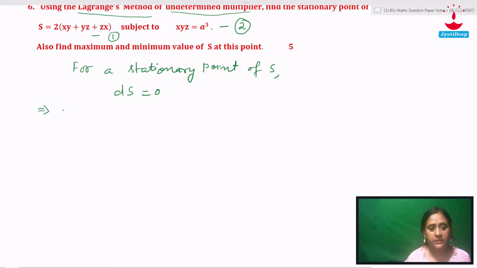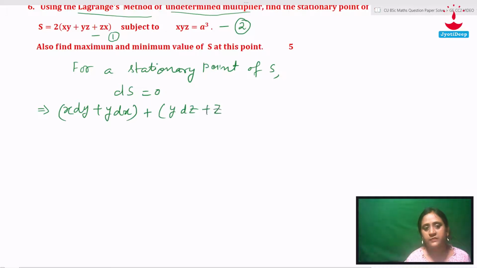So differentiation of xy we know x into dy plus y into dx plus differentiation of yz, y dz plus z dy plus differentiation of zx, that is z dx plus x dz equal to 0.